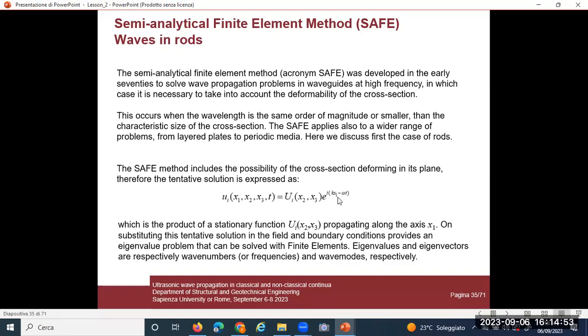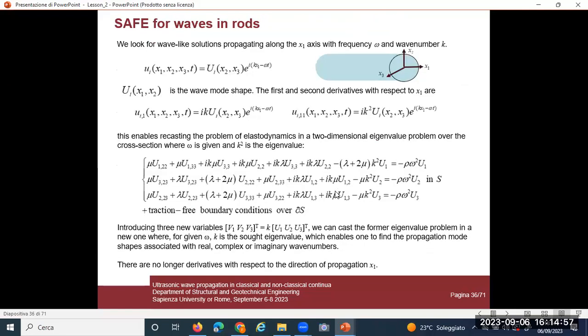Sorry, this tentative solution is for rods, yes? For rods? Yes, for rods, like that. Okay? You've got a cross-section, which is the plane contained in the plane x2, x3, and an axis, which is x1.